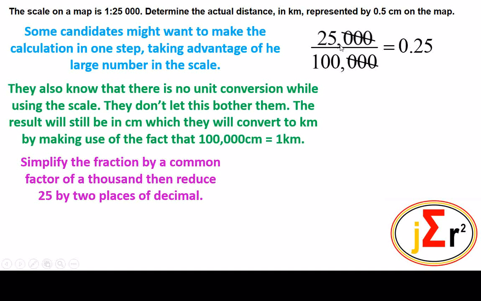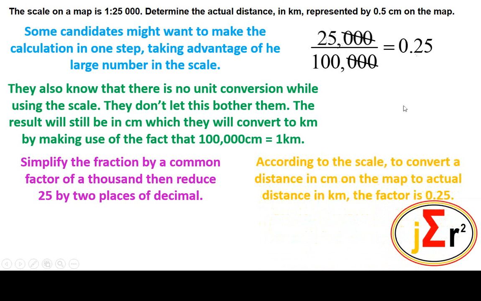Simplify by 2 places of decimal in true primary style, 1, 2. We have 0.25. According to the scale, to convert a distance in centimeters on the map to actual distance in kilometers, the factor is 0.25.